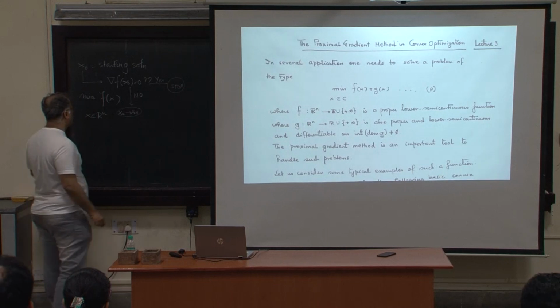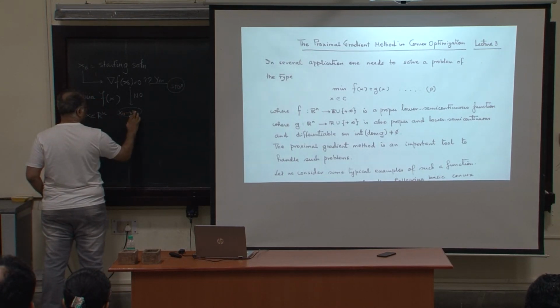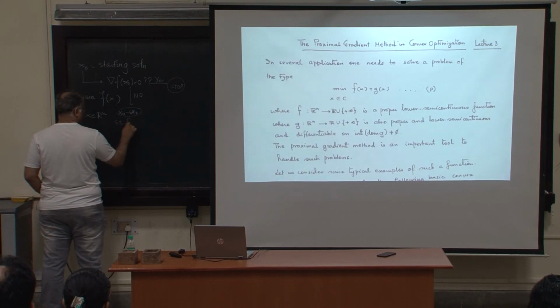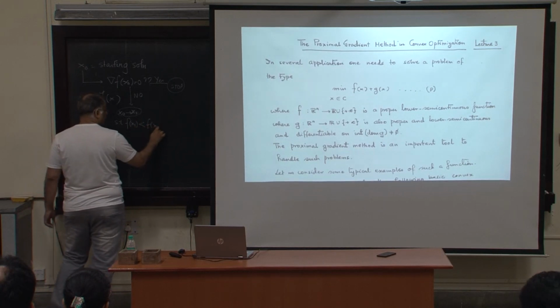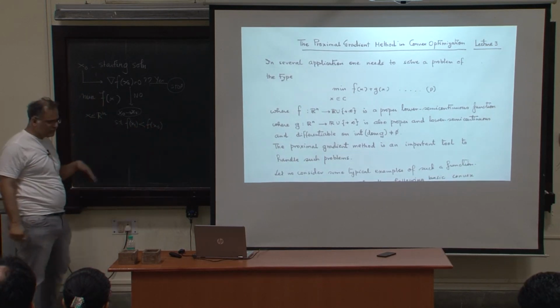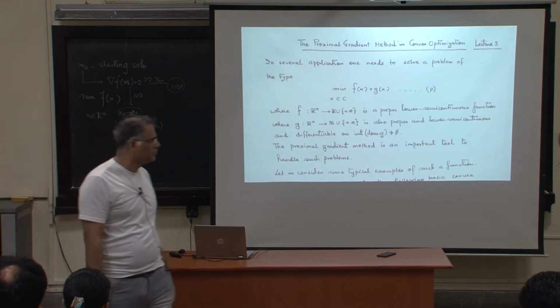I am assuming that you are already in the kth stage, so you go from x0 to x1 such that f of x1 is strictly less than f of x0. So this approach is called the descent method. You are always trying to make the function value go down.